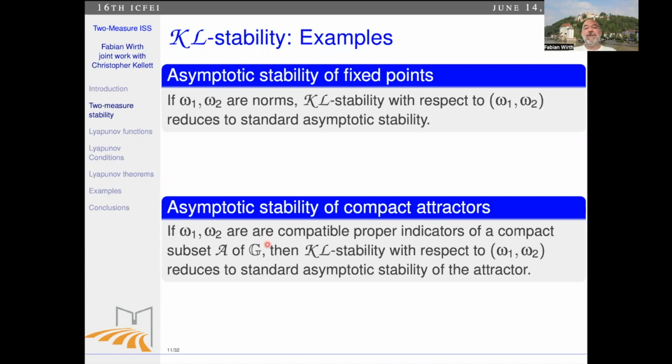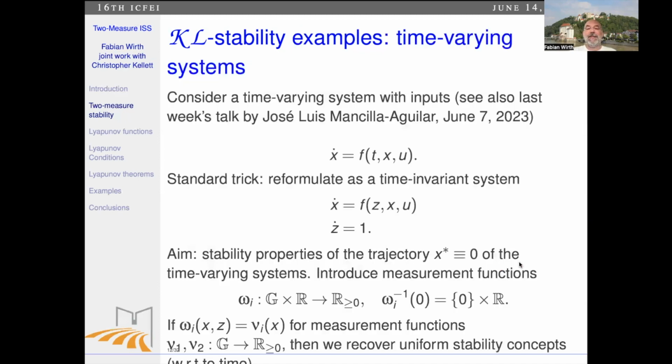If you do that, then KL stability with respect to these two measurement functions will again be standard global, with respect to G, asymptotic stability of the attractor. So these are very well-known concepts, maybe written down in a more complicated way.